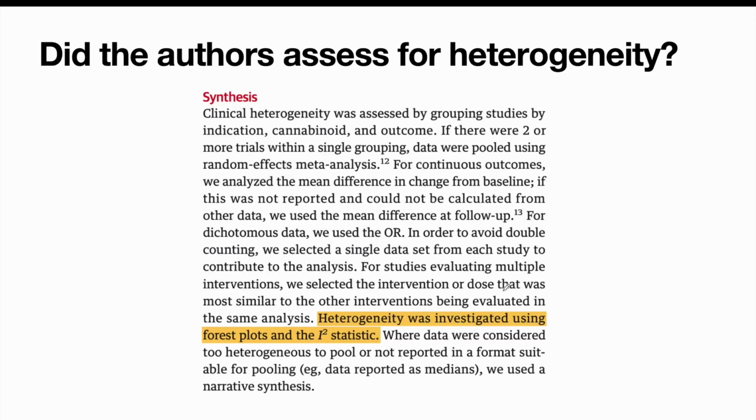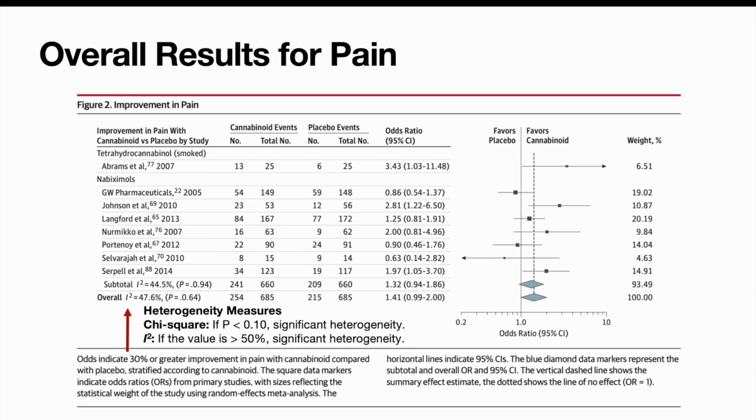So we saw that the authors did assess for heterogeneity, and they assessed it using forest plots and the I-squared statistic. Now, we're not going to go into calculating these statistics, but we have some heterogeneity measures. For the I-squared statistic, if the value is greater than 50%, then there is significant heterogeneity between the results of the individual studies that were included in the systematic review.